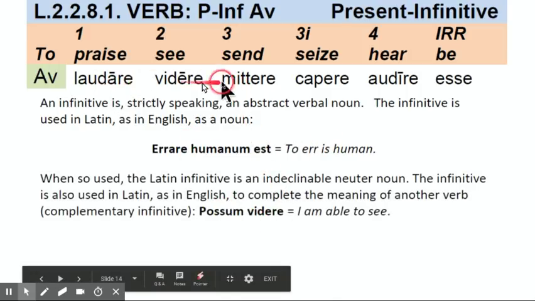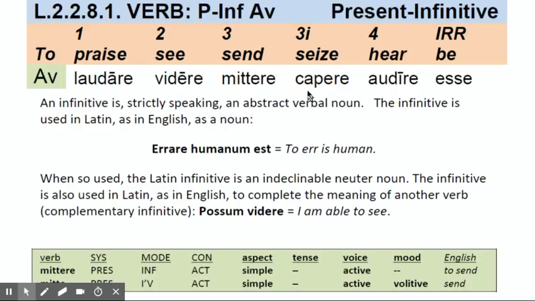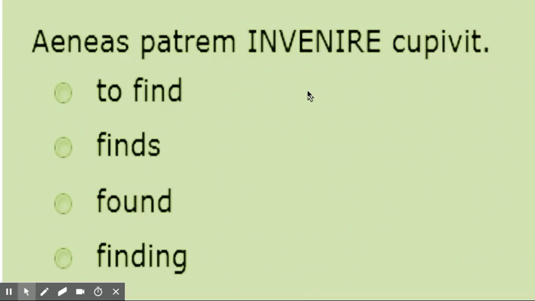So whenever you see ere, you're dealing with the infinitive, which is translated as simply, at this stage, to. It has no tense, it has no mood. So, Aeneas invenire cupivit, Aeneas desired to find. The ending right there tells you it's an infinitive, to find.